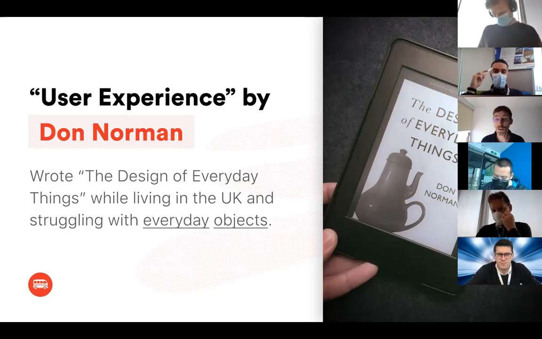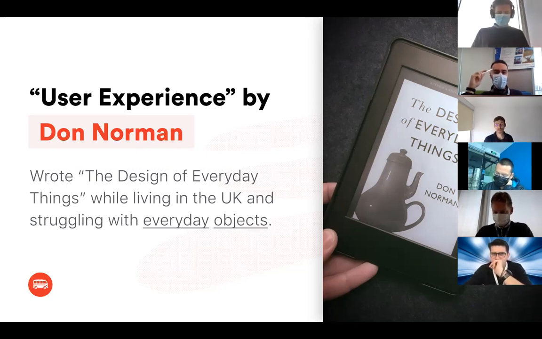There's one other thing that's quite funny that he's known for, which is what people refer to as the Norman door. I don't know if you've heard about this. Basically, it's a door that you don't know if you need to push it or pull it. And it's a very common problem that he talks about in his book.